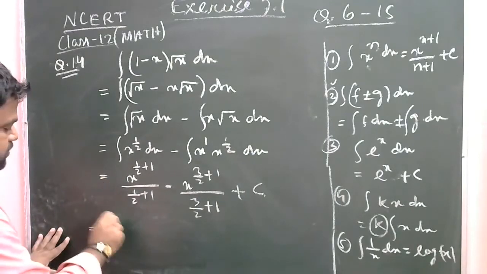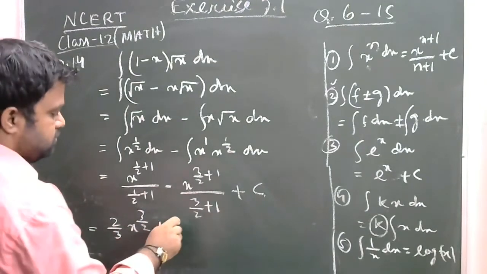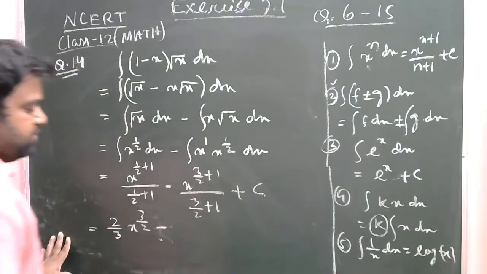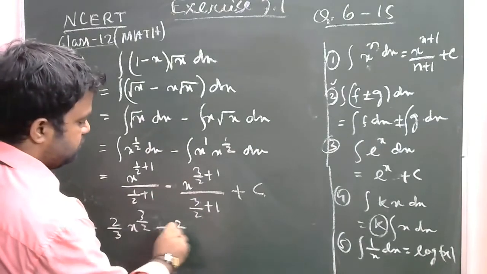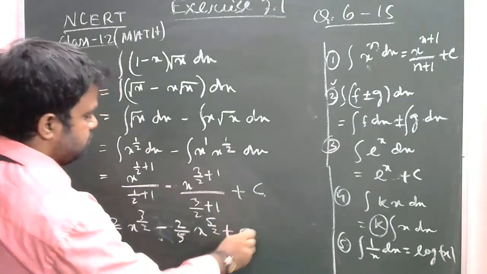If you go to numerator, 2 by 3 x to the power 3 by 2 minus, 3 by 2 plus 1 is 5 by 2, if you go to numerator, 2 by 5 x to the power 5 by 2, see.